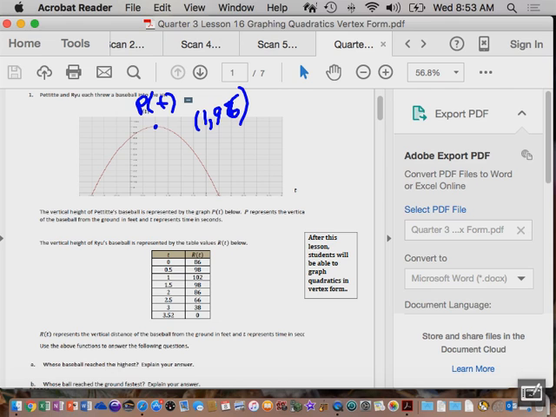I think it's going up by 8s. Is it by 8s? Okay, then it's at 92. So then it's at 1 comma 92, and this maximum is right here, which is at 1 comma 102.